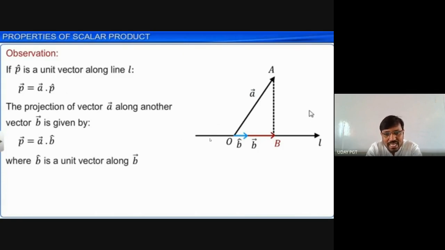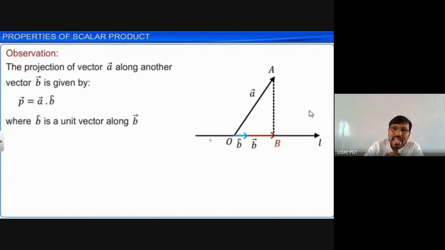The projection of the A vector along another vector B is given as A bar dot B cap. If a vector is given to you and you want its vector projection along another vector B, you need to find the unit vector.